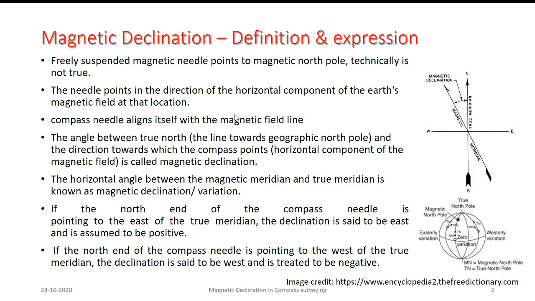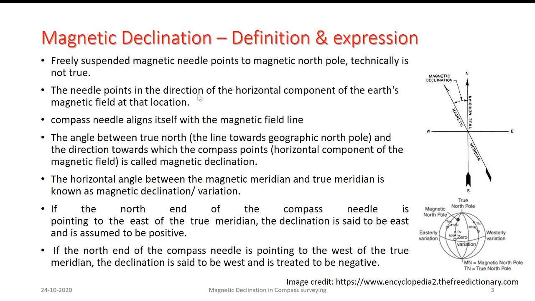A suspended magnetic needle points to magnetic north. Technically, it is not true, because the magnetic north pole is not constant. It is moving.